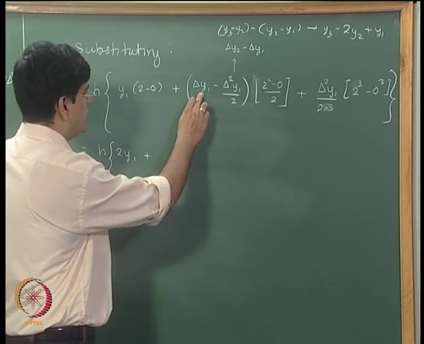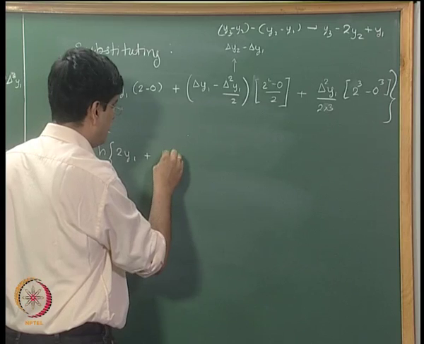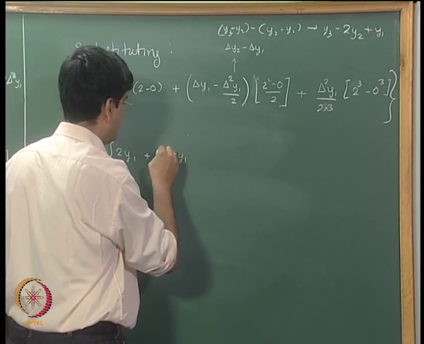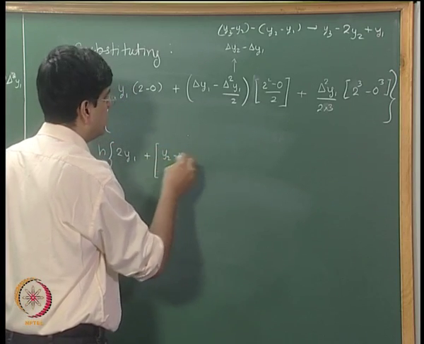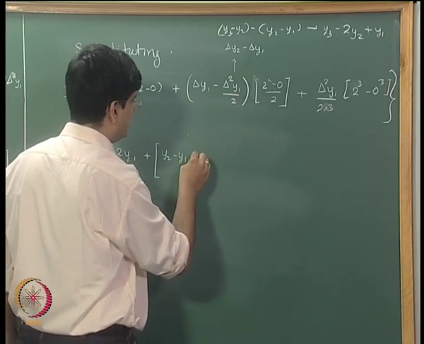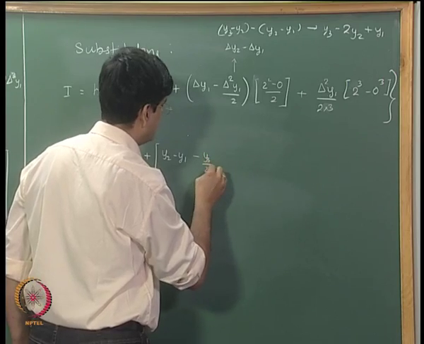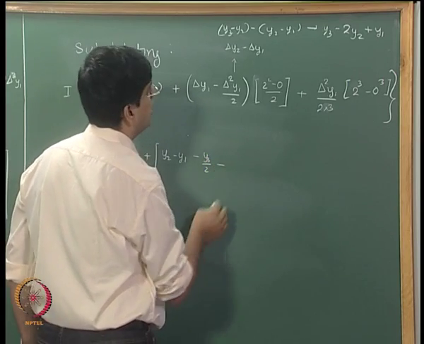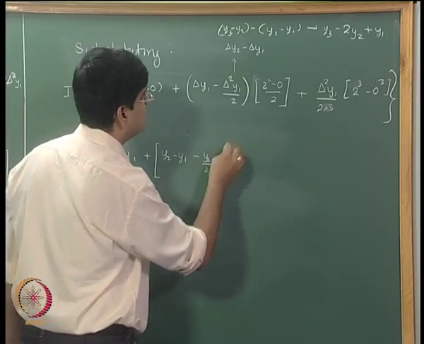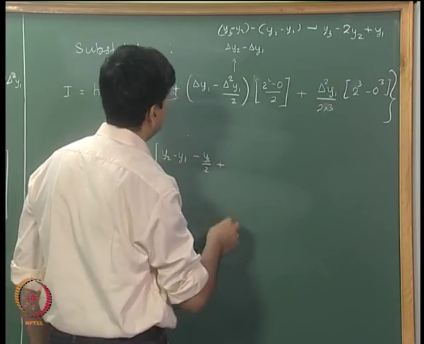So we will have delta y1 as y2 minus y1, minus delta squared y1 by 2, which is minus y3 by 2 plus 2 y2 by 2.